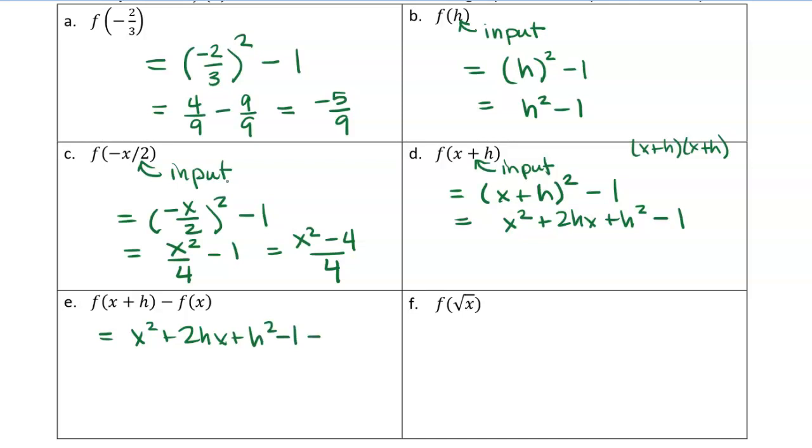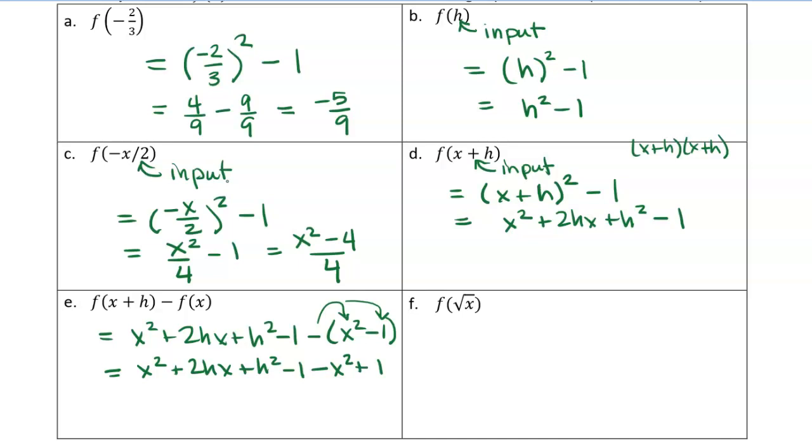I'm subtracting the whole thing, though, so I need to put it in parentheses. x squared minus 1 is f of x, but put it in parentheses. All right, now let's see if we can simplify that a little bit. I need to remove those parentheses: 2hx plus h squared minus 1 minus x squared. I'm just distributing the negative, so this becomes a plus 1.